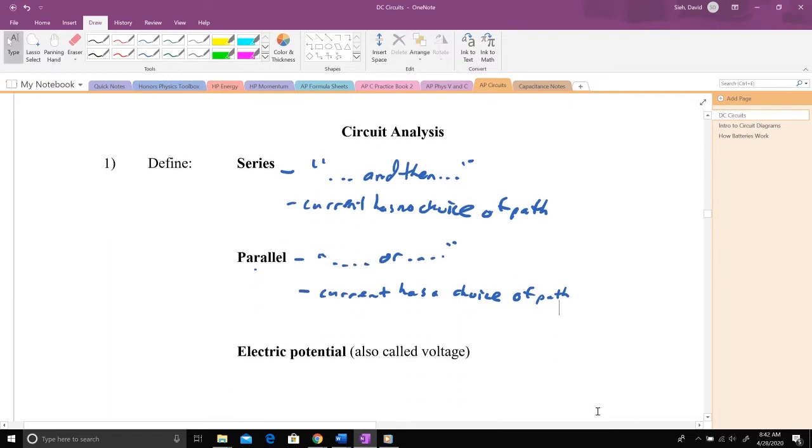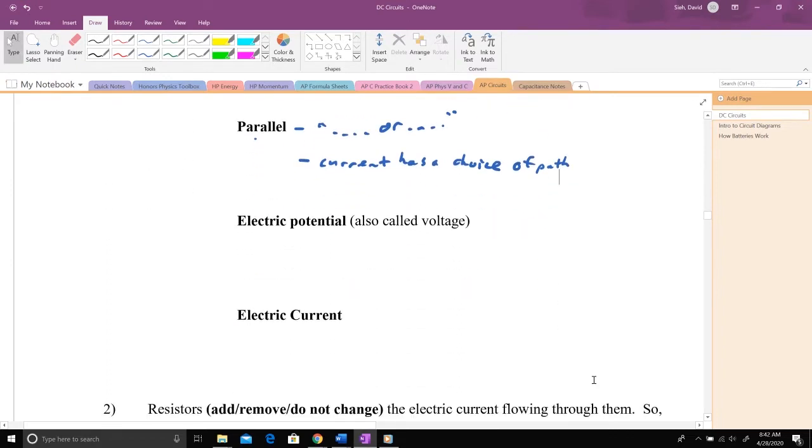All right, electric potential, also called voltage. That's our V. And what is that? We talked about that being U_E per Q, the potential energy per charge. The thing to keep in mind is this is a property of a location.